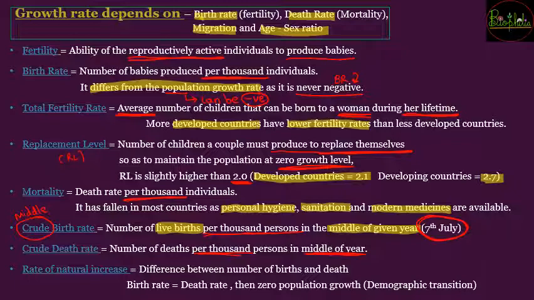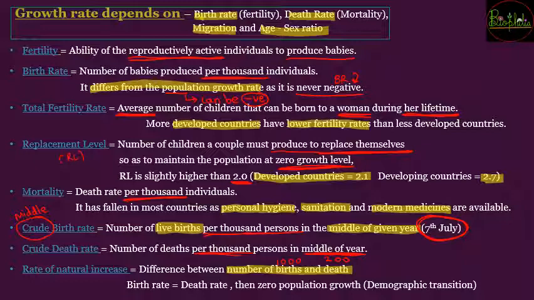Next is rate of natural increase. अब rate of natural increase जो होगा, that is going to be the difference in the number of births and deaths. So difference of birth and death, अगर birth हुए, for example birth is say 1,000 and death हुए 200, so in that case the rate is going to be the difference between the two of them.